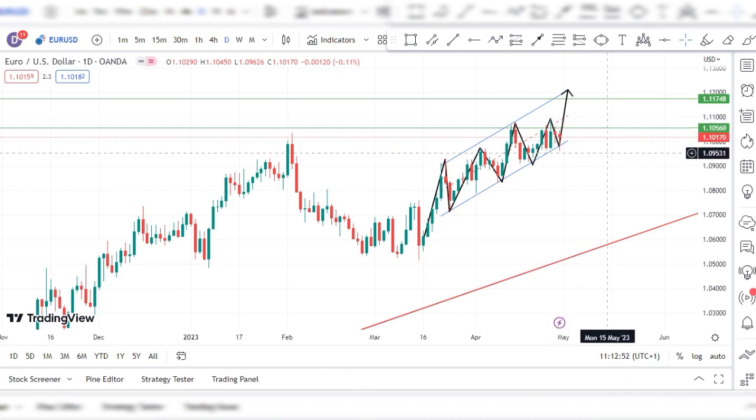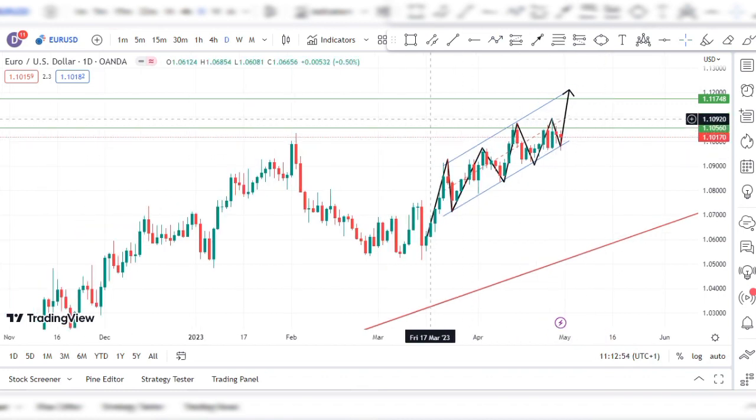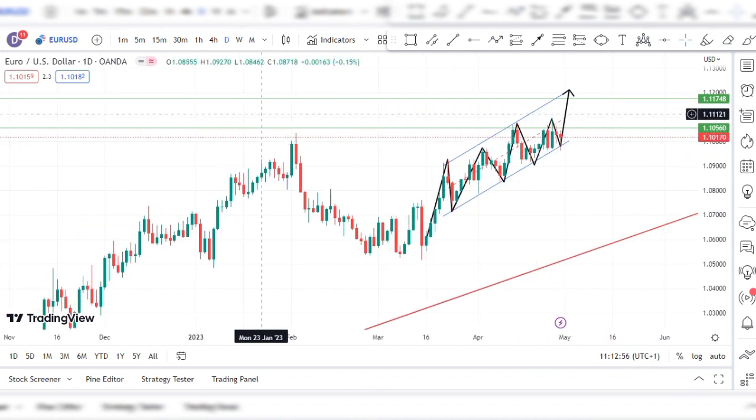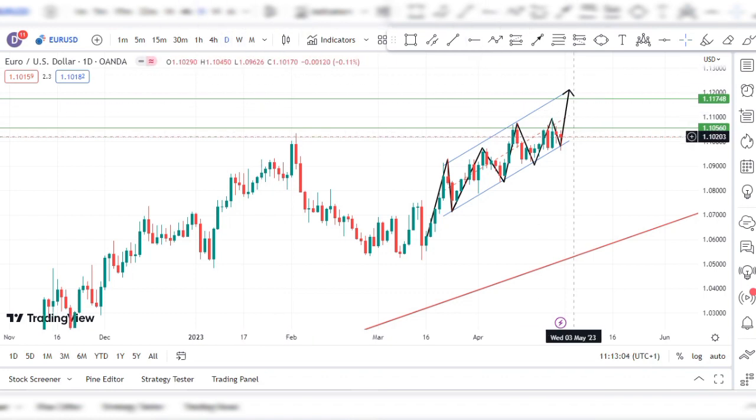Okay, so this is what I am basically looking at for Euro USD. That is the bigger picture, I would say, for Euro USD at the moment. And so I'm expecting that price could possibly bounce from this lower line of the channel and then get all the way to the upper line of the channel, okay, before giving us any further moves.